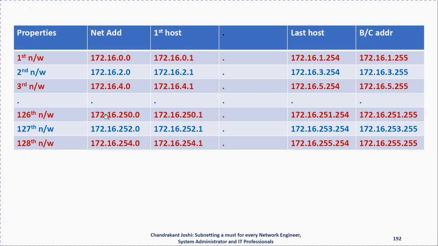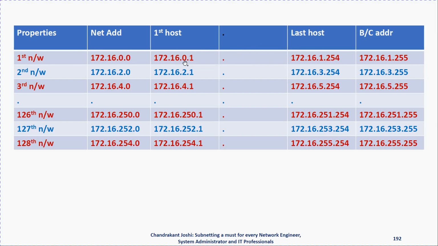Let us try to find out that. The second subnet minus 1 will give us the first subnet's broadcast address. So 2.0 minus 1 is 1.255. So these are the valid hosts present in this particular network.